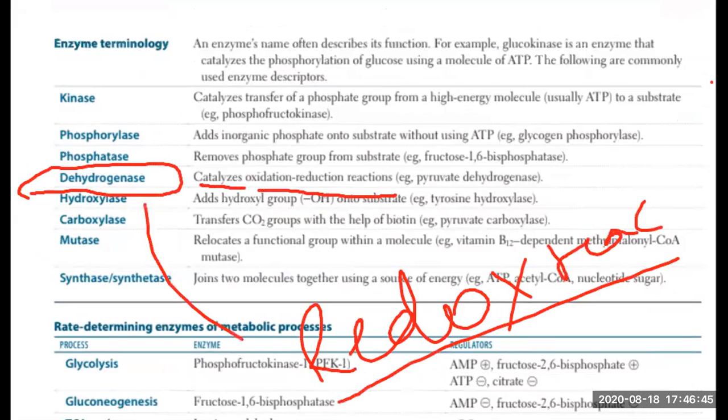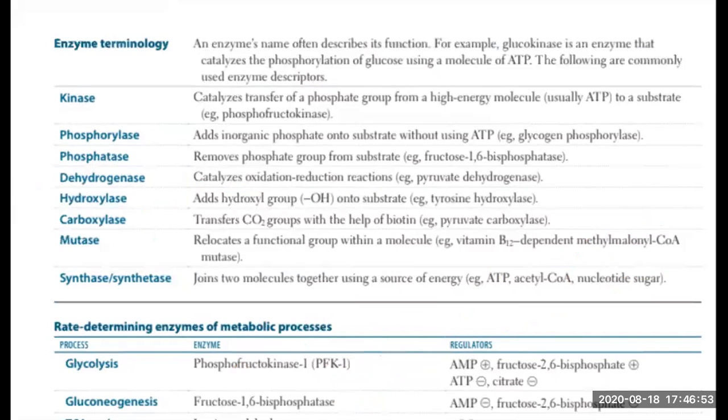So dehydrogenases work on redox reactions. What is a redox reaction? Either you are losing an electron in the form of a proton, H positive is a proton, either you are losing it or you are gaining it. Okay, this is a redox reaction. In a very simple definition, either losing or gaining a proton.